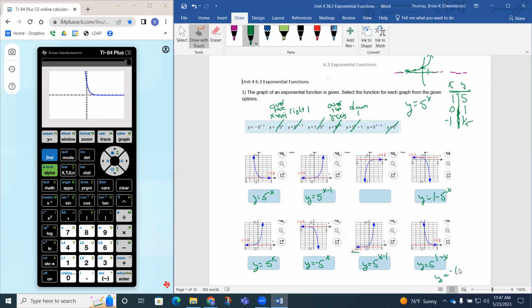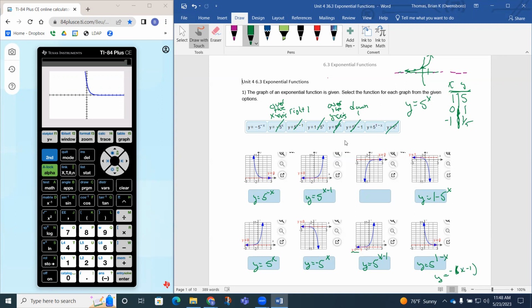When I factor that negative out, this should become a positive x minus 1. So that's how there really was this x minus 1 inside here. This x minus 1 means to move to the right. And also have this negative on the inside as well. And that would be a reflection over the y-axis. So the graph would have to do these two things, slide to the right and reflect. Okay, so we have that going on there.